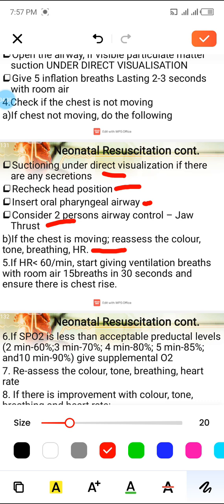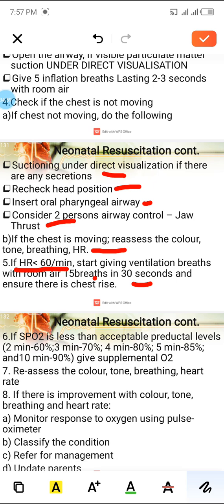After reassessment of color, tone, breathing, and heart rate, if heart rate is still down, what should you do? Then you're going to provide 15 breaths in 30 seconds. These have to be very fast or brisk, so that you provide enough oxygen into the baby's circulation.